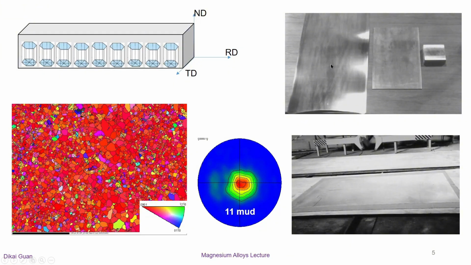The right images clearly demonstrate that magnesium alloys can be successfully rolled into sheets at lab and industrial scale.